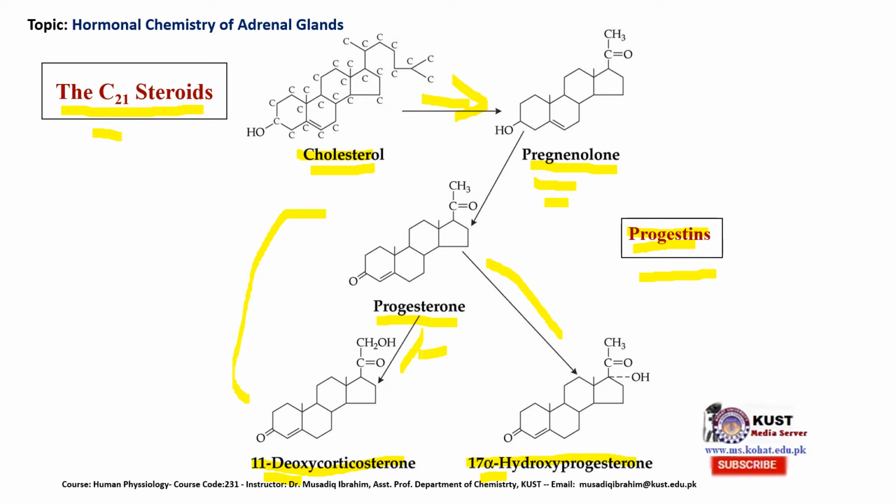Another important thing is that in all these progestin hormones, the 3 six-membered carbon rings and 1 five-membered carbon ring are always present in their structure.